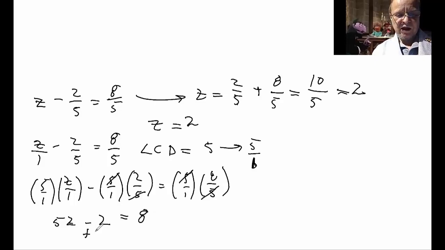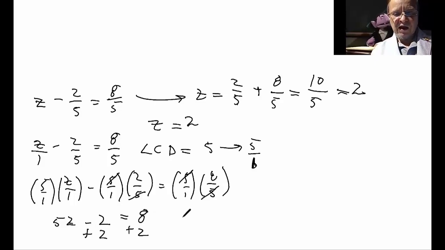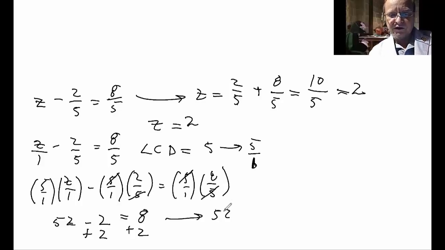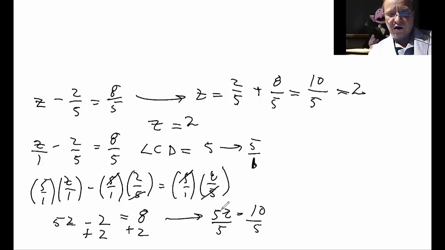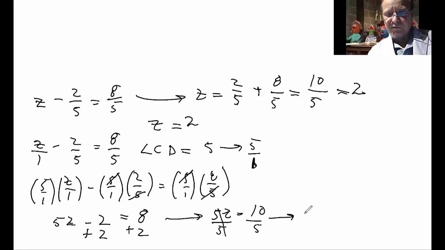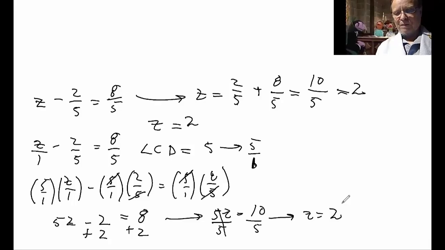Then I do my algebra, plus 2, plus 2. This implies that I get 5z is equal to 10, and then I divide by 5 on both sides, and that means z is equal to 2.